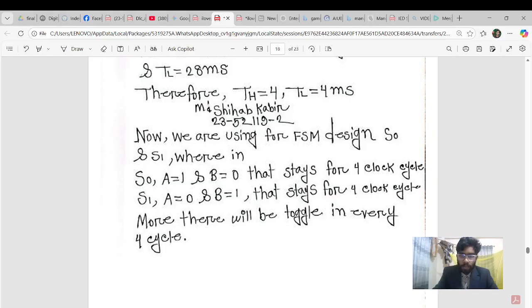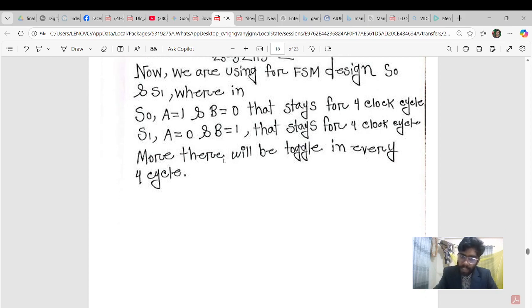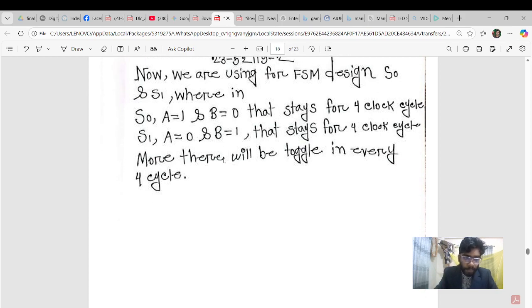First of all, we need to know what my goal is: a control sequence where two outputs A and B toggle based on a specific timing requirement derived from my ID. Define the system.